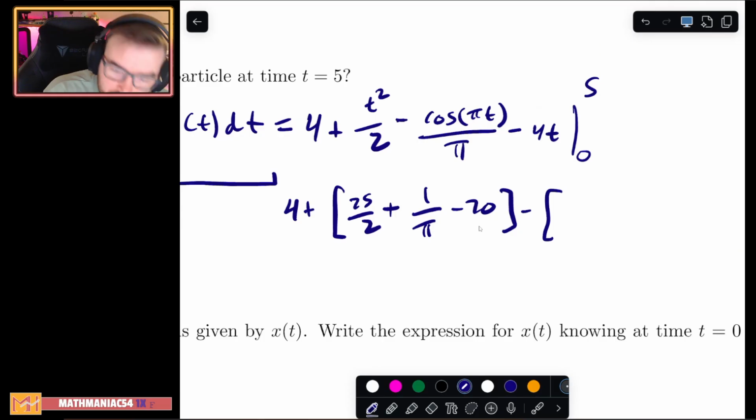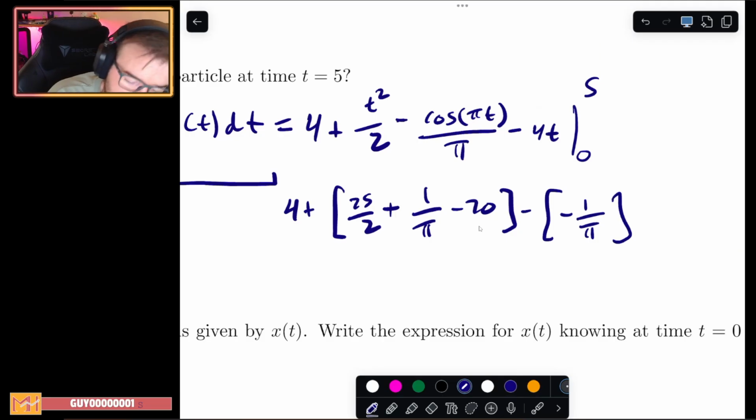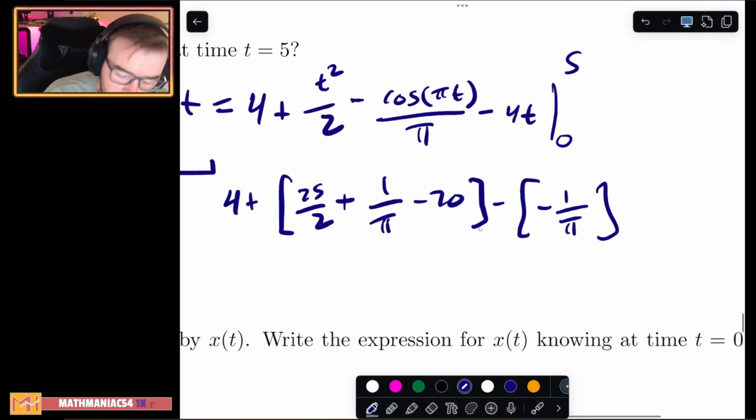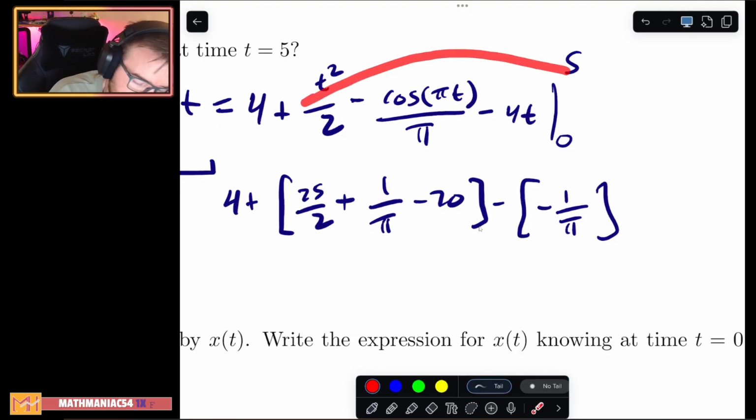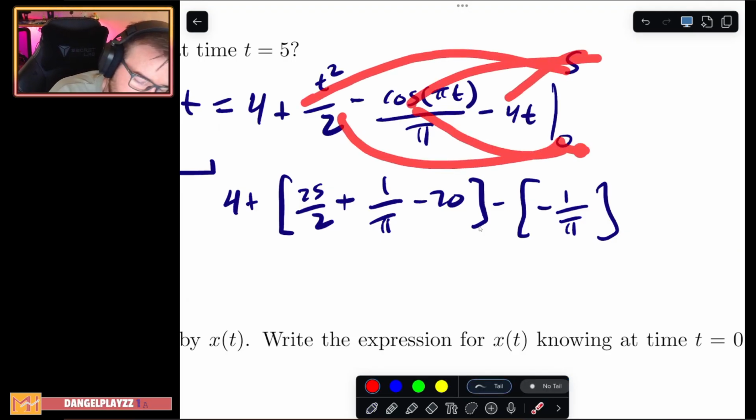Minus, plug in 0. 0 squared over 2 is 0. Cosine of 0, because 0 times pi is 0, is positive 1. So this is going to be a minus 1 over pi, and then minus 0, because 4 times 0 is 0. Right? Just plug those in.